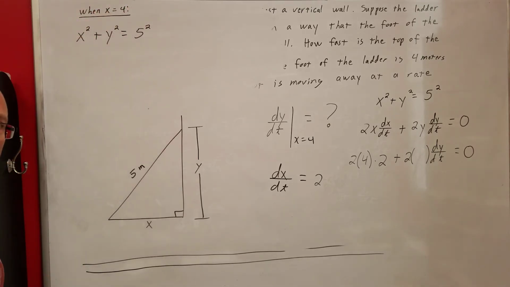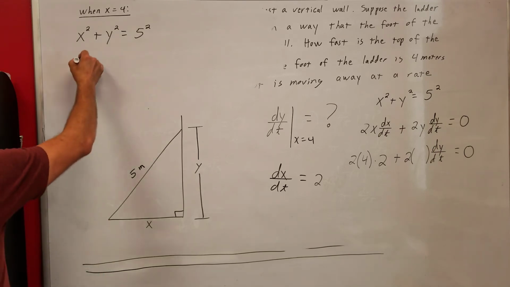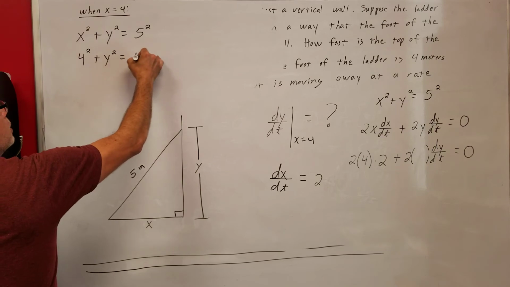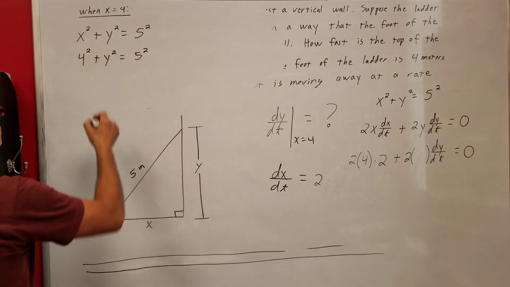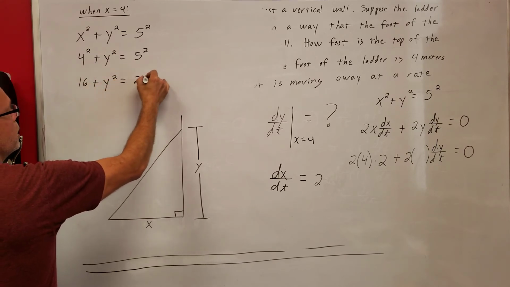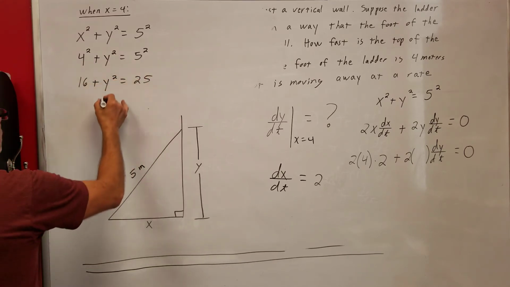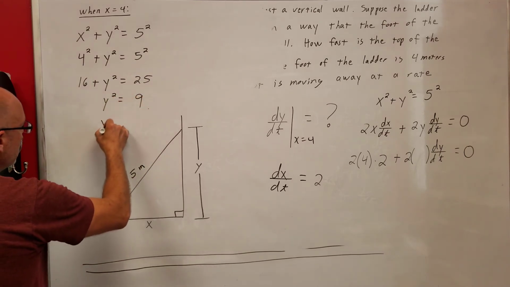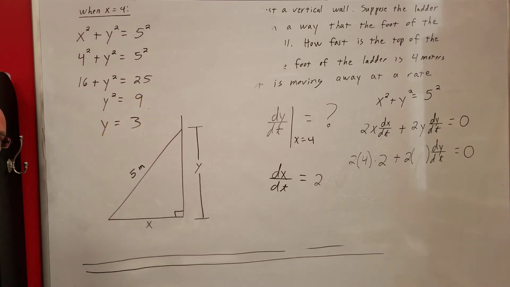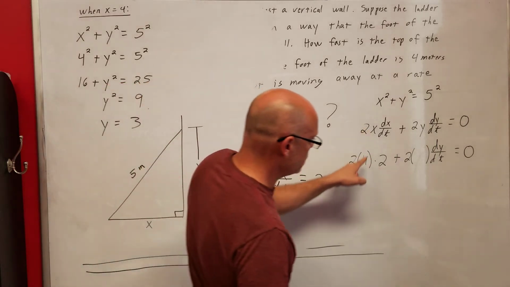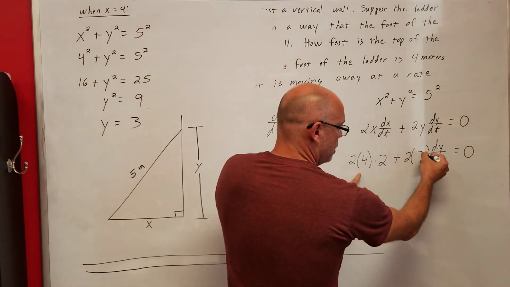What will y be? Let's sub in a 4 here. 4 squared plus y squared is equal to 5 squared, so that's 16 plus y squared is equal to 25. Now I get y squared is equal to 9, and if I take the square root, y is equal to 3. So when x is 4, y is 3.